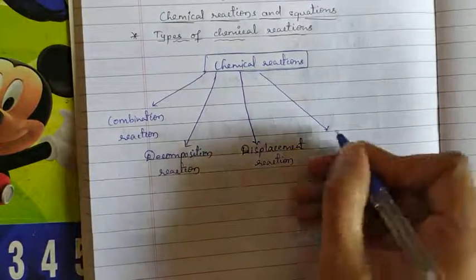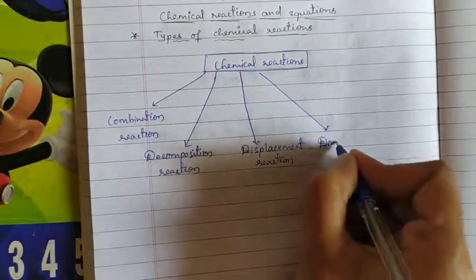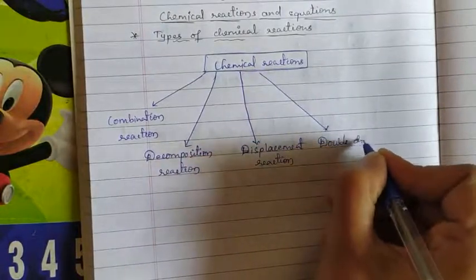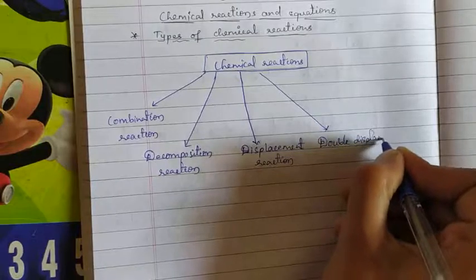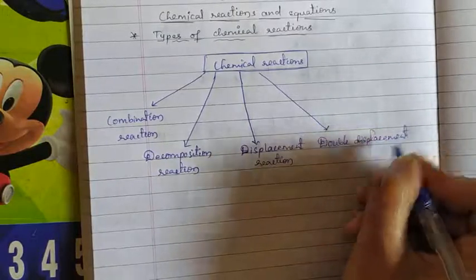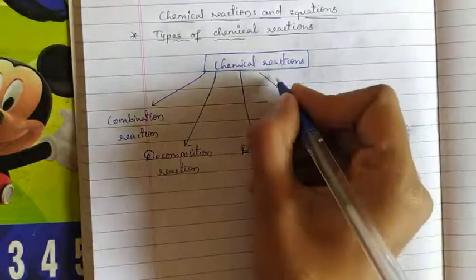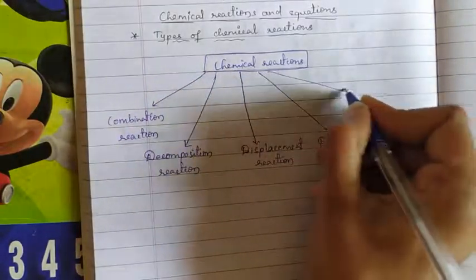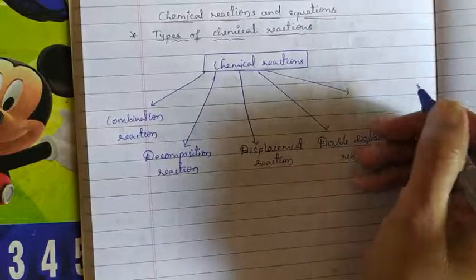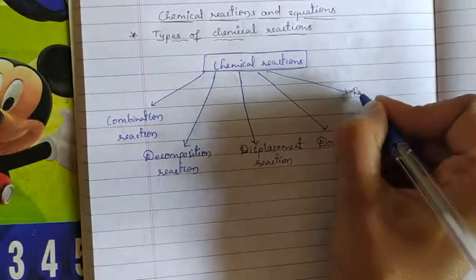And fourth one is double displacement reaction. And the last one is oxidation reduction reaction.